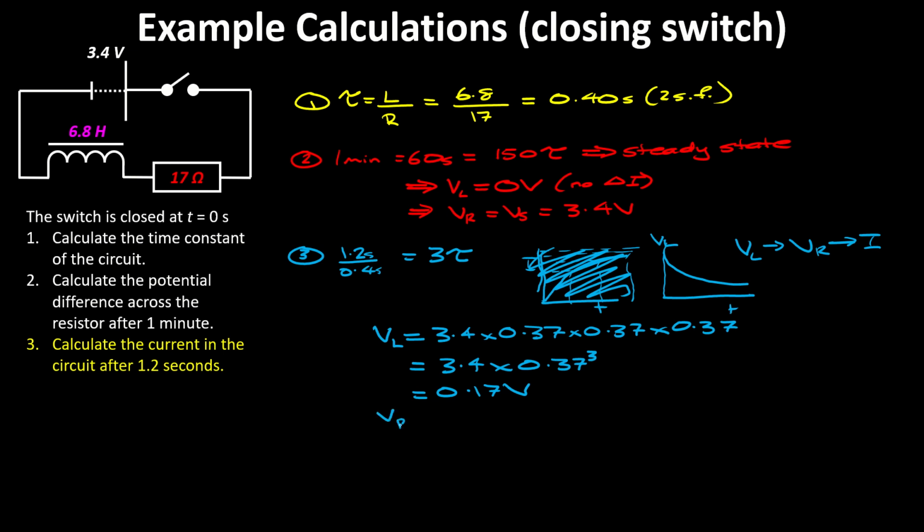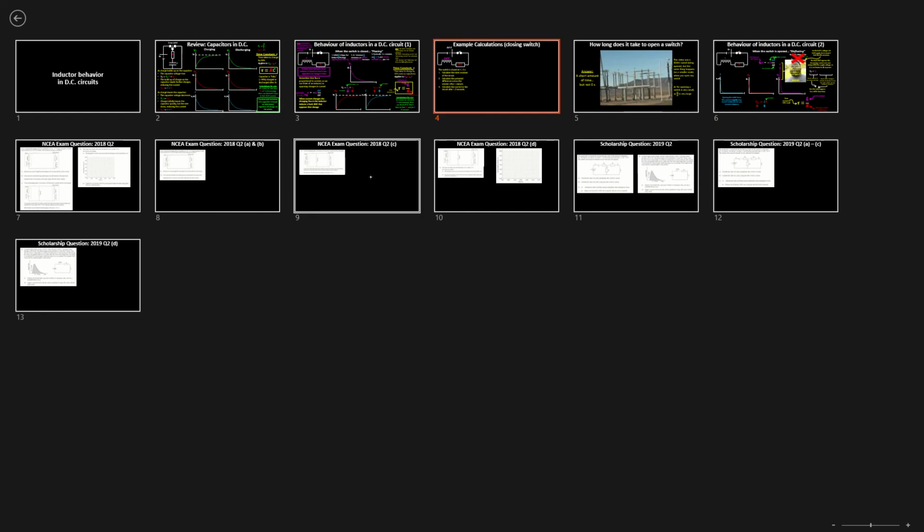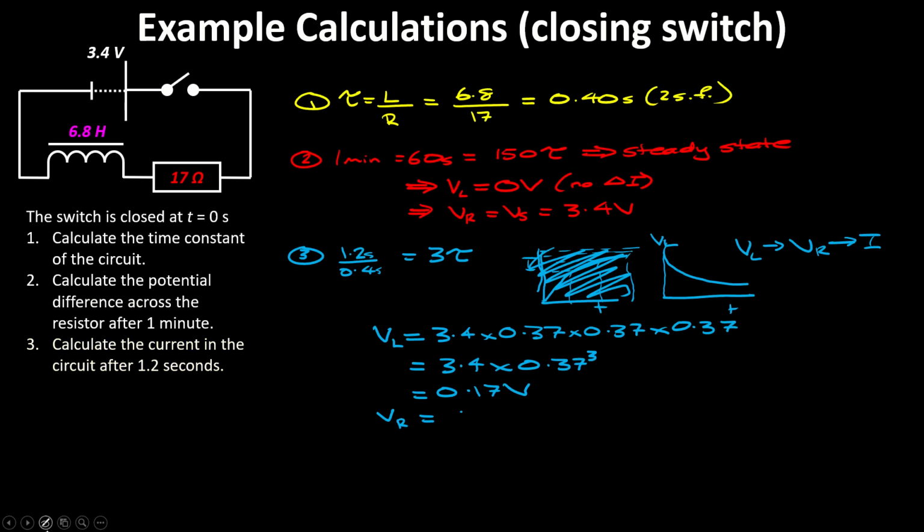The resistor voltage at that time, well, we know that supply voltage is shared between the inductor and the resistor, and we know how much the inductor is using. The resistor voltage is going to be supply voltage minus the inductor voltage.